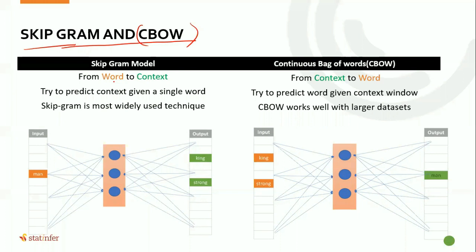If you take word, the one that we have tried right now, word as input, context as output, this is known as the skip-gram model. The other method is very similar to this, but context is here, word is here. That can also be tried, known as continuous bag of words.